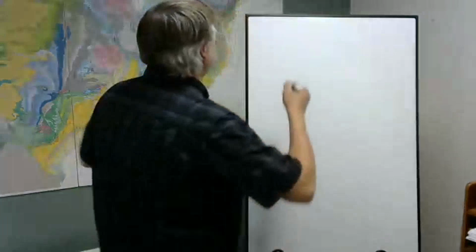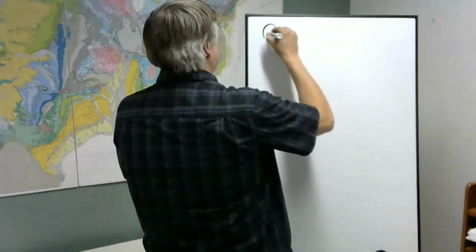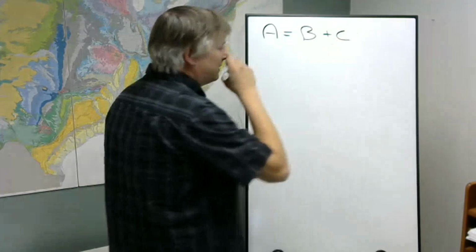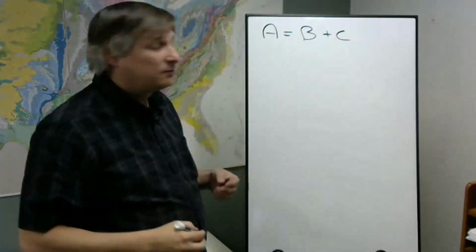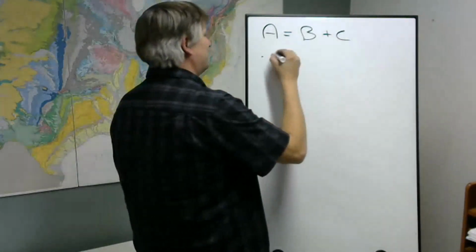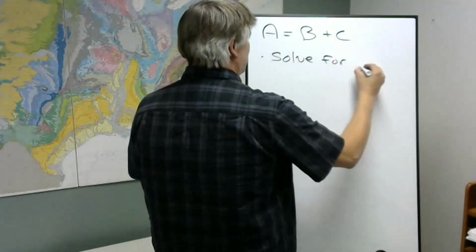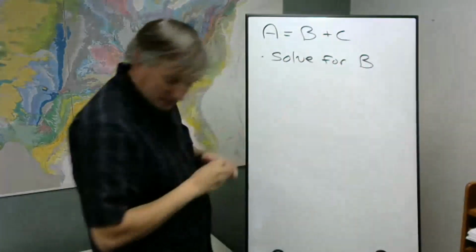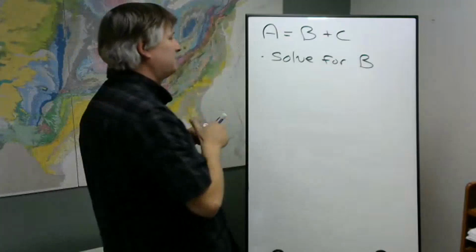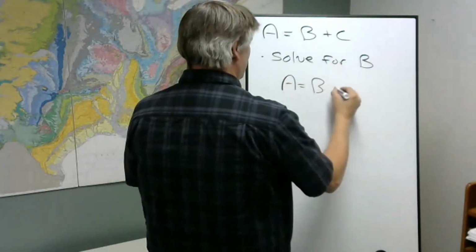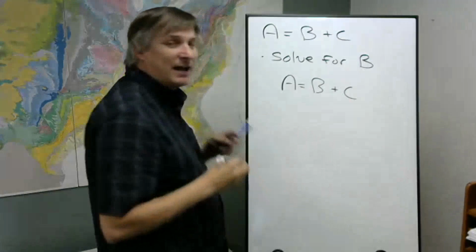So let's say we have something like this. Now let's say we're asked to solve for b. Well, what we're going to do, we want to isolate b.